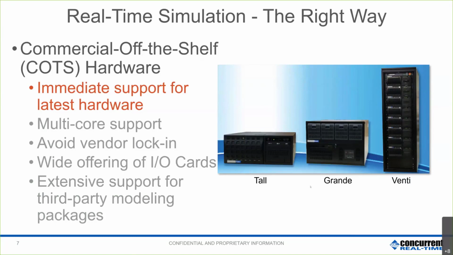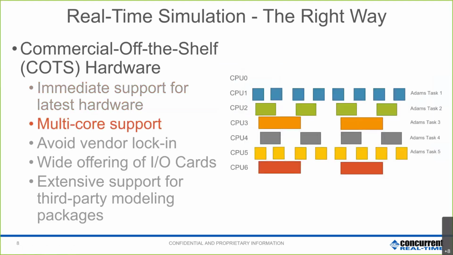Basically, we take commercially available motherboards, maybe say Supermicro, and then we take the greatest and latest processor from Intel, put it in the motherboard, and make this thing work in real time. That's where our strength comes in.